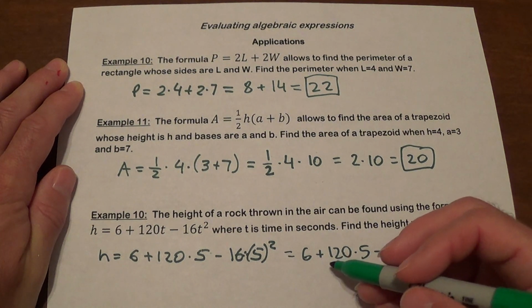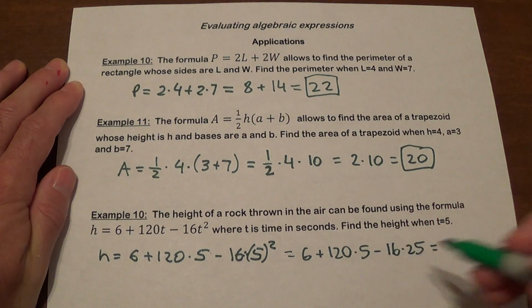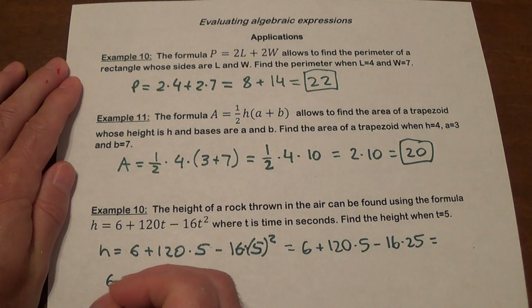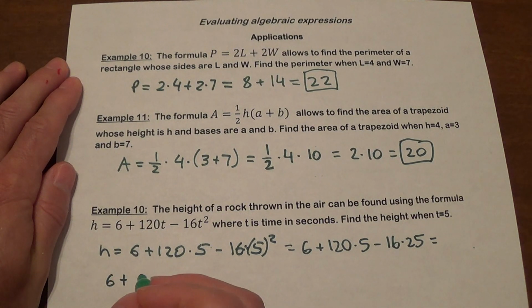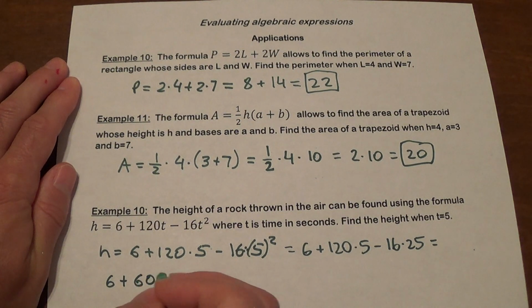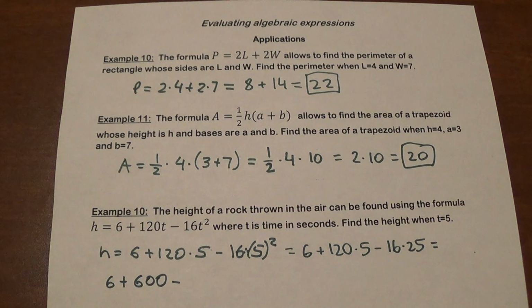Now we have addition, multiplication, subtraction, multiplication. These multiplications we can actually do at the same time. So it's going to be 6 plus 120 times 5 is 600. And 16 times 25 is 400, right?